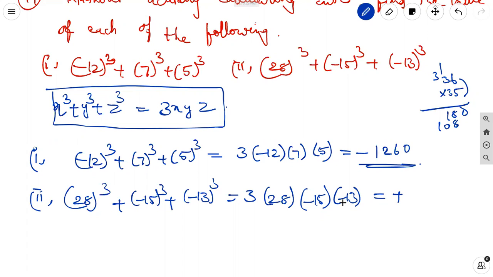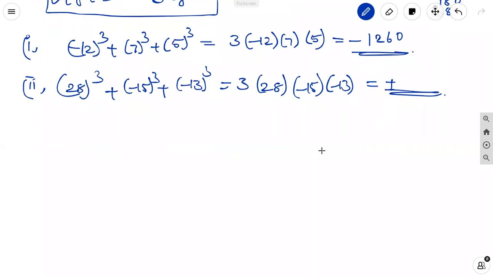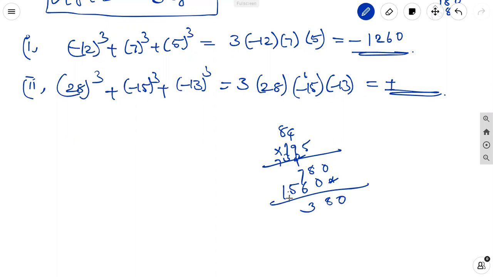Minus into minus is plus. You multiply these: 28 3s are 84, into 13 is 1092, times 15 gives 16,380. That is the sum of the cubes of the numbers 28, minus 15, minus 13. Okay.